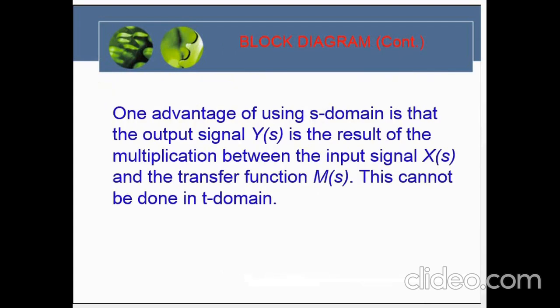One advantage of using the s domain is that the output signal Y(s) is the result of the multiplication between the input signal X(s) and the transfer function M(s). This cannot be done in the time domain. That is why in this subject we use the Laplace transform.